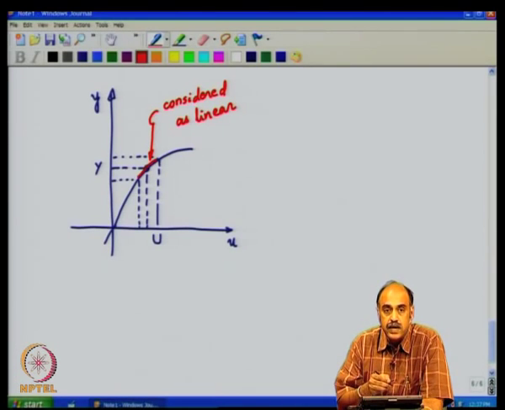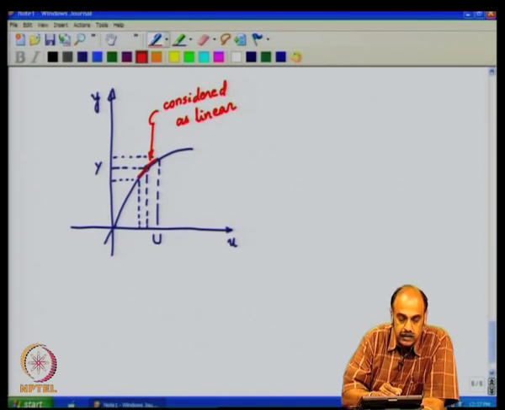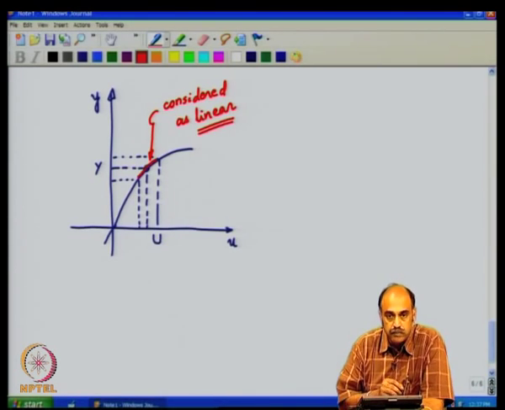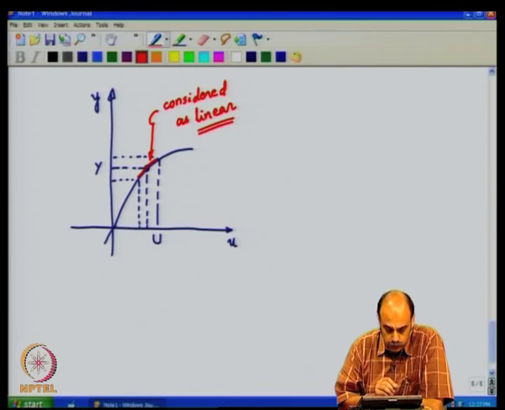So, if we say that the system is operating at this operating point, then deviations in the neighborhood of the operating point can be considered as linear, and the controller can address or take care of these deviations in the neighborhood of the operating point. Then a linear mathematical model and controller taking care of the small deviations in the neighborhood of the operating point can be designed and built. So, that is basically the approach that we will be using in building the controllers.